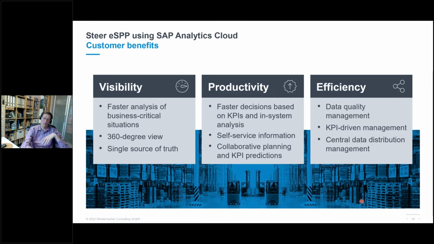You can easily search for the reason for it. Either the sales department is more optimistic than the real data tell you, or the data are not in a proper shape and you need to adjust the data. And you can do that. You have central data distribution management from SAP Analytics Cloud as well.